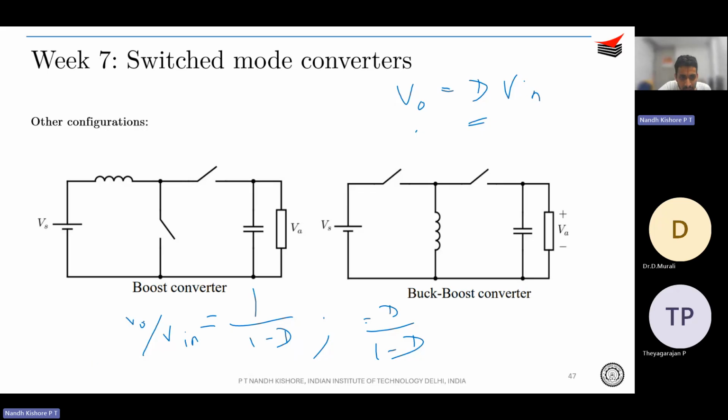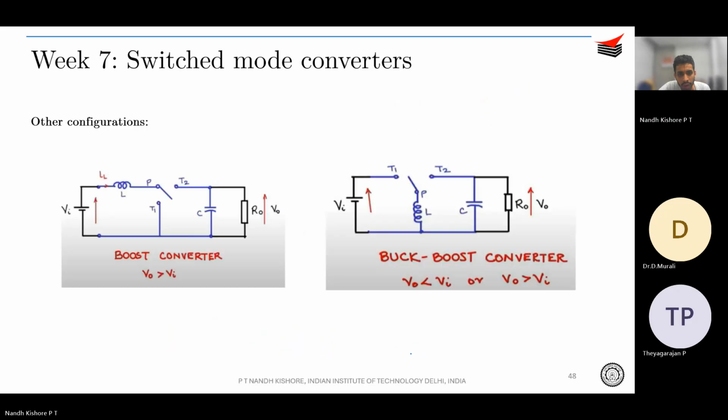So your V naught again increases if D increases, correct? And for this buck-boost converter, there is this point at D equal to 0.5. If D is lesser or greater than that, it will vary, like you can plot, right?